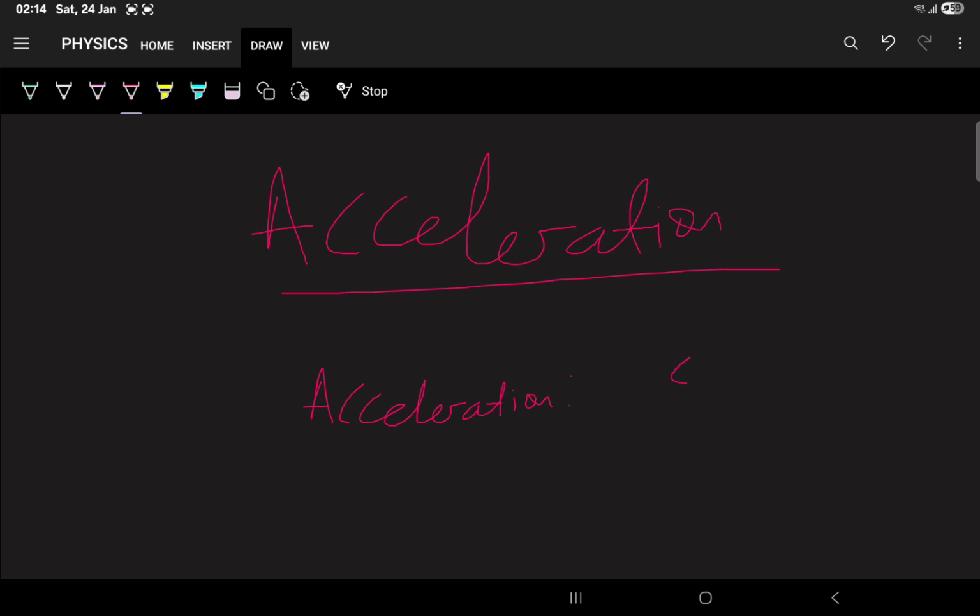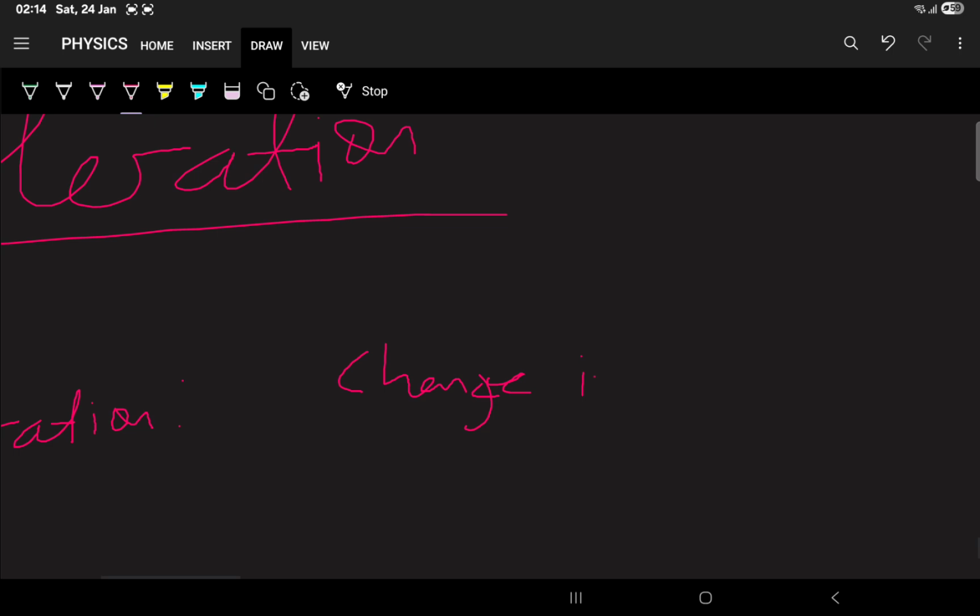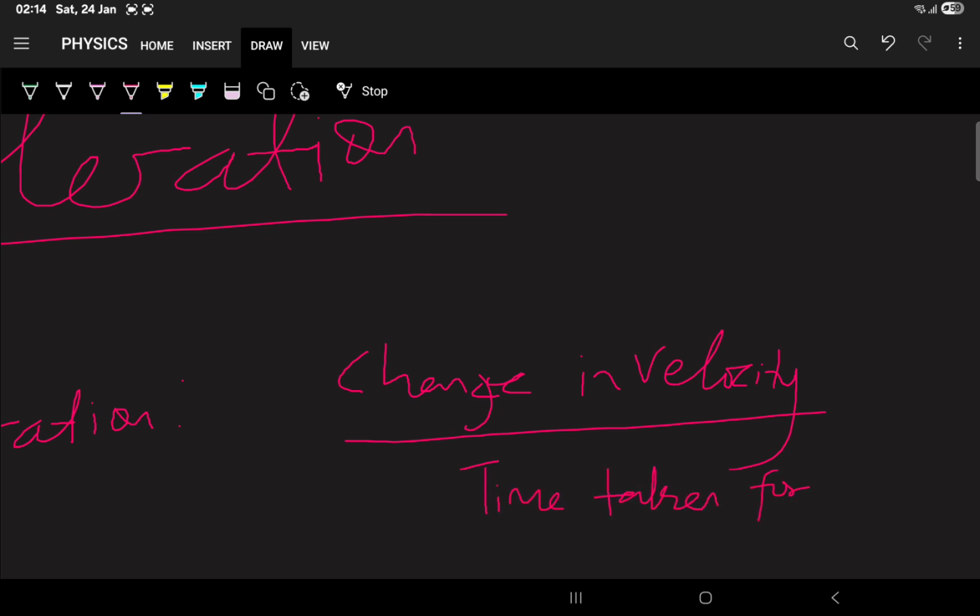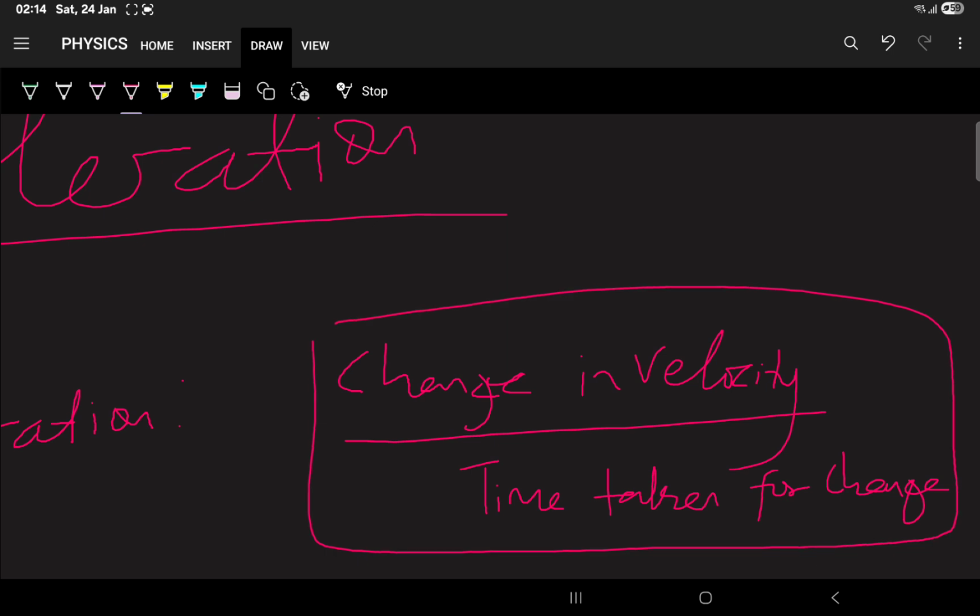So change in velocity divided by the time taken for the change. You can also express this as final velocity minus initial velocity divided by final time minus initial time.